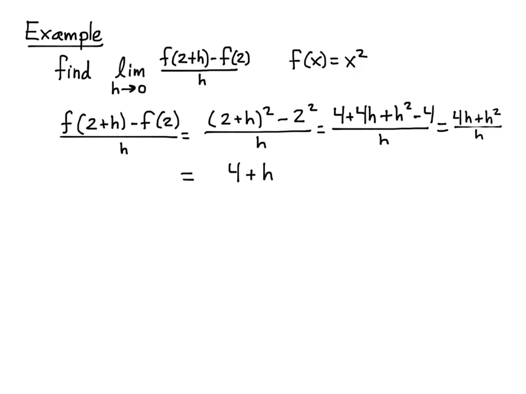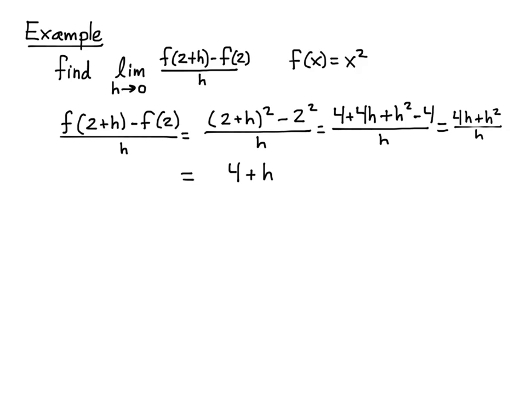Now, this and this aren't the same function, right? Because when h is 0, we get 0 over 0 here, but when h approaches 0 here, we get 4.